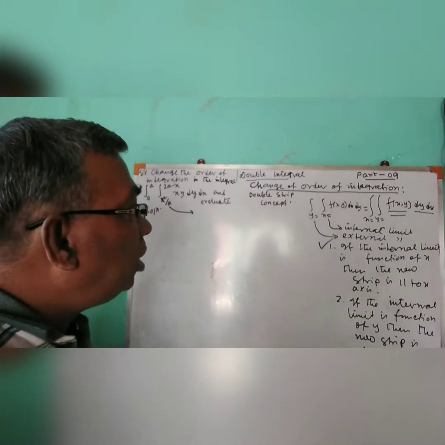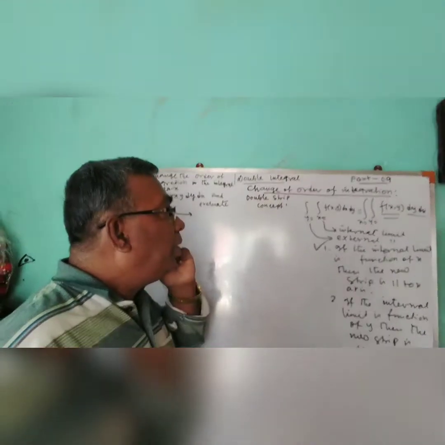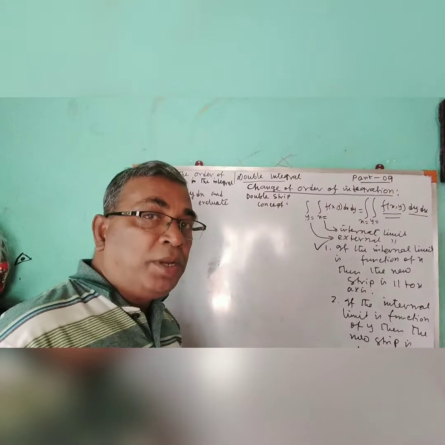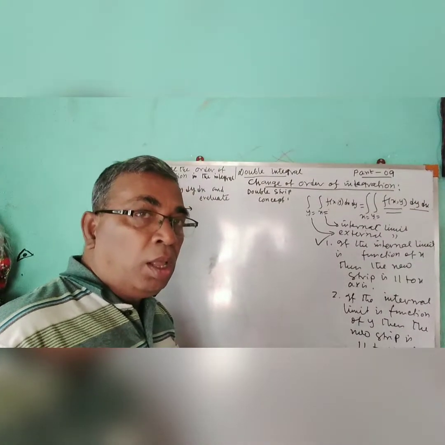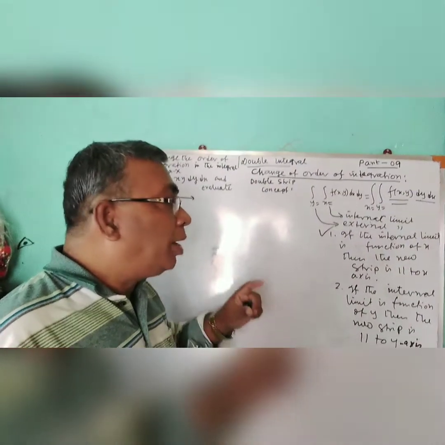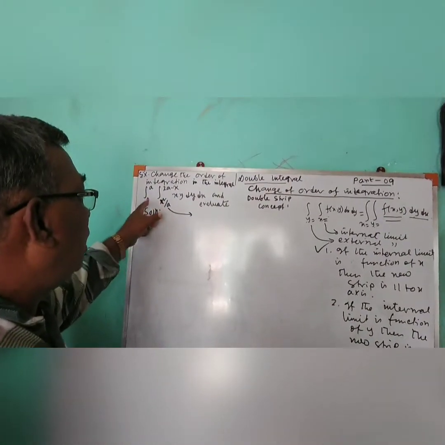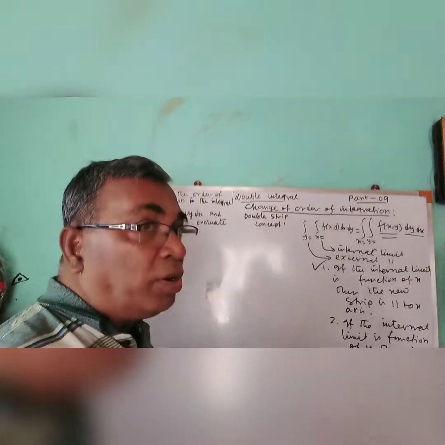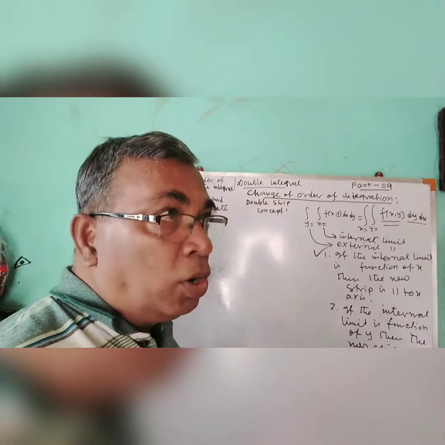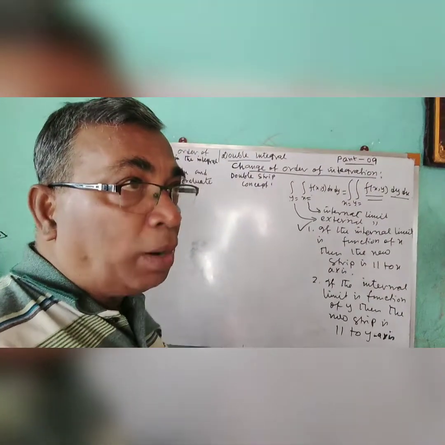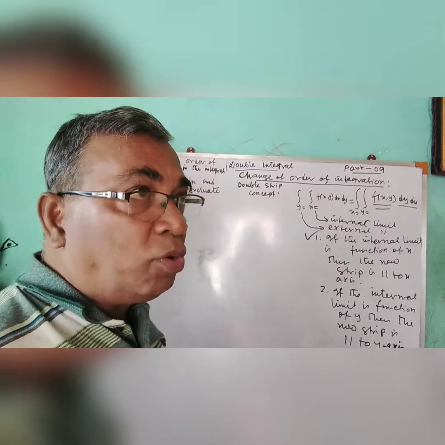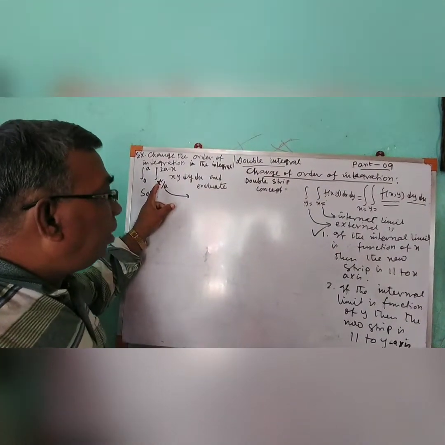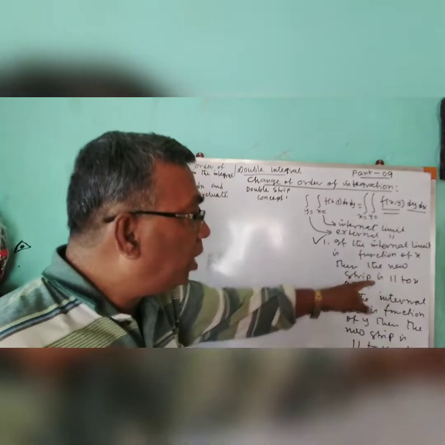Now, in change of order of integration, we have to draw a rough sketch from the given internal and external limits. Then you have to consider a strip which is parallel to x-axis or parallel to y-axis, according to the internal limit. If the internal limit is a function of x, the new strip is parallel to x-axis.